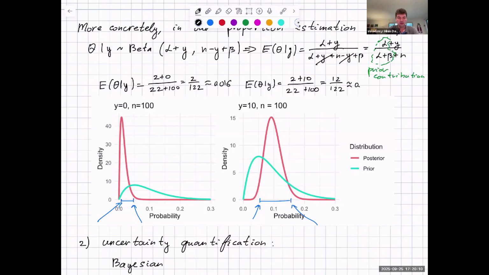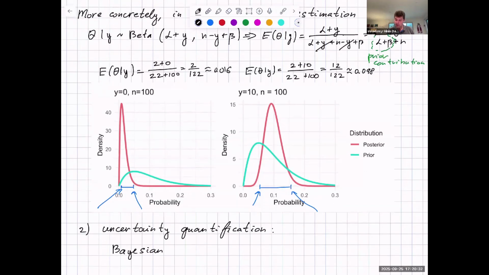Yeah, I missed a 0. Okay, 998, that's the correct one. So it is basically our 10%, but slightly less, because again, our prior had some mass near zero.